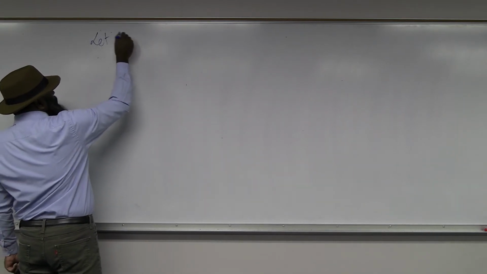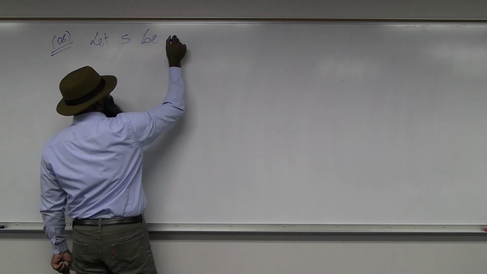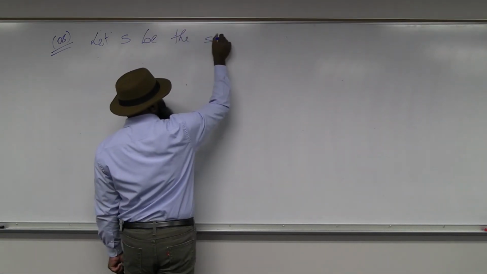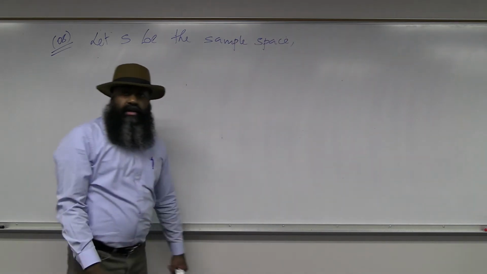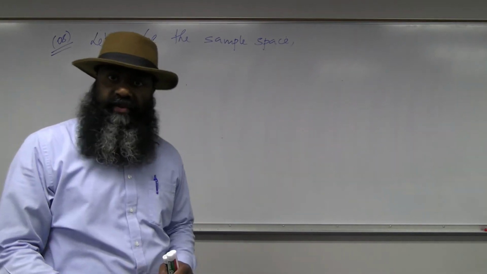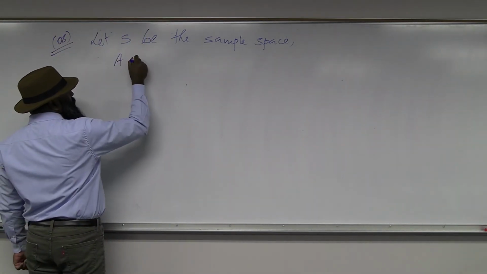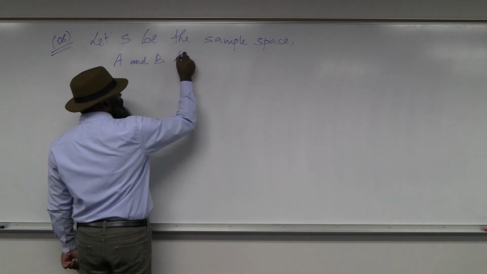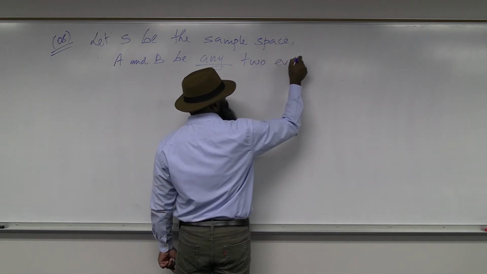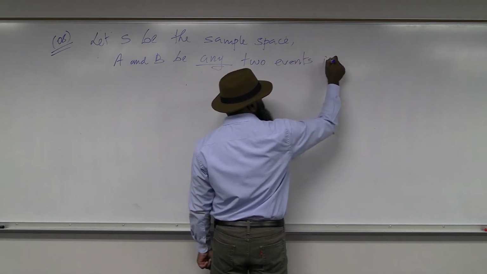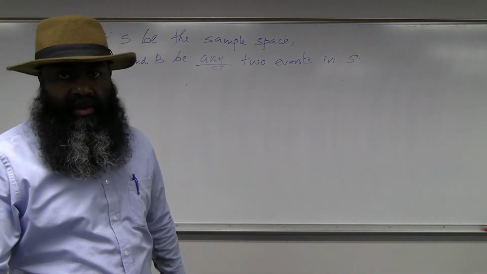We will let S, this is under point number 8, be the sample space of any random variable, and I will let A and B be any two events in S. So they are not necessarily mutually exclusive, okay?